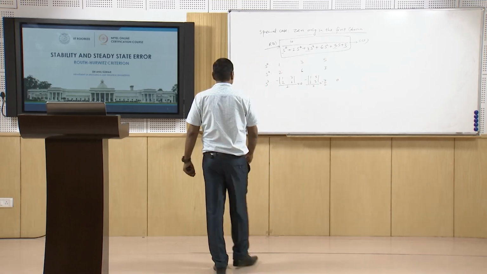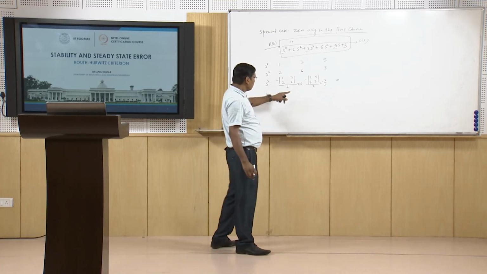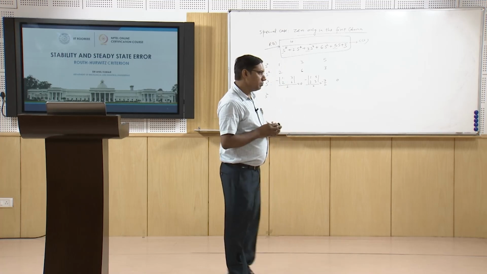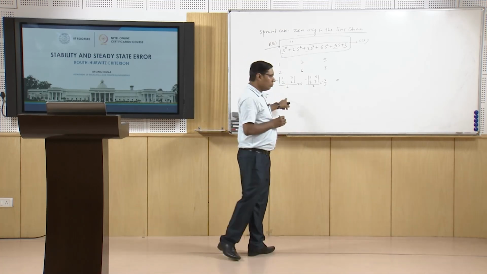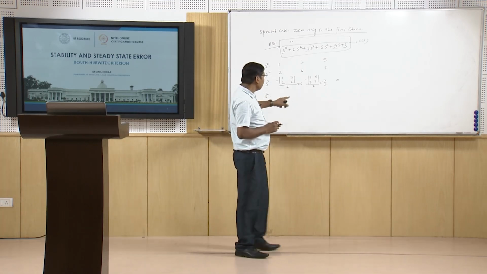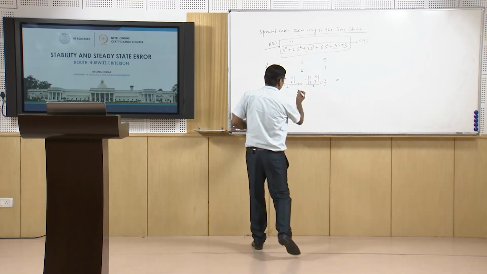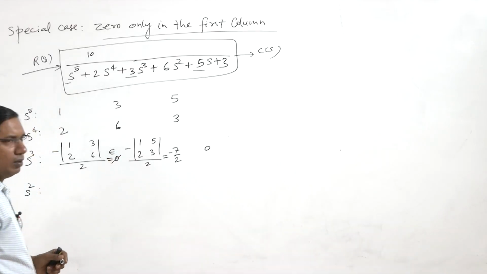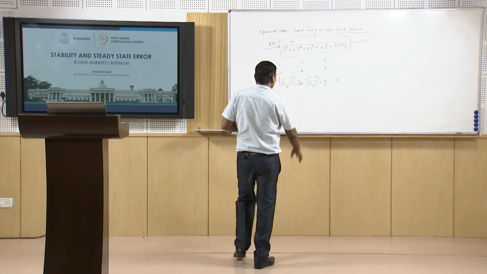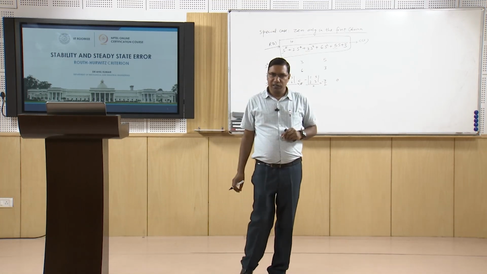Now, if we want to compute the term for s square, this 0 will come in the denominator and we will not be able to make this row because that is undefined. So, there is one method: we replace 0 with epsilon, where epsilon is some very small quantity, and we carry on making this table.